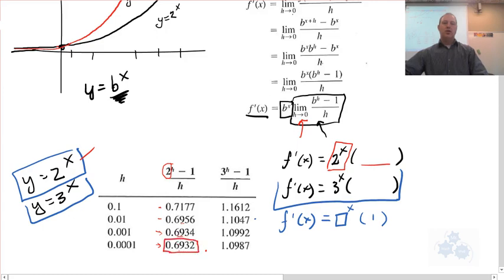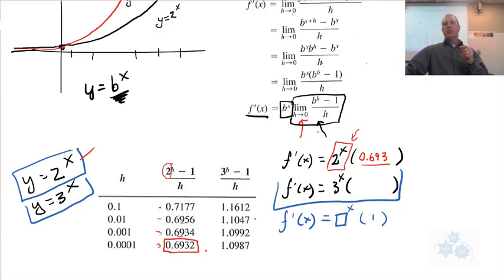So our limit is pretty close to 0.693. That's the constant you multiply the original function by to get the derivative. Let me be clear: the derivative of y equals 2 to the power of x is equal to 2 to the power of x times 0.693 or thereabouts, a constant.